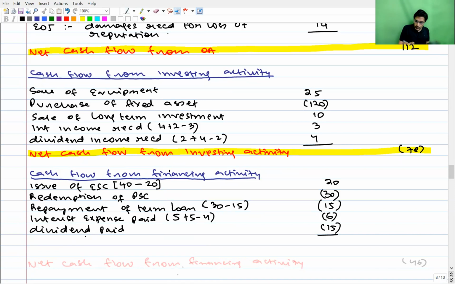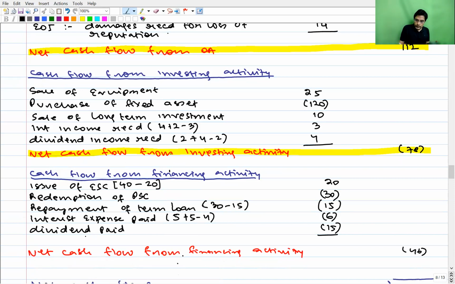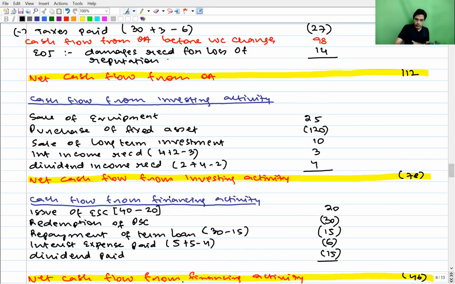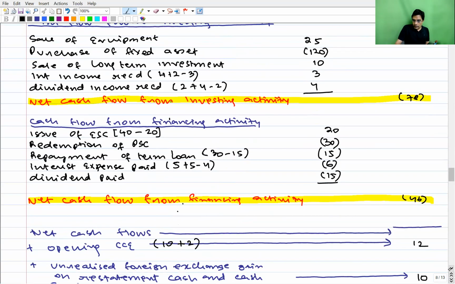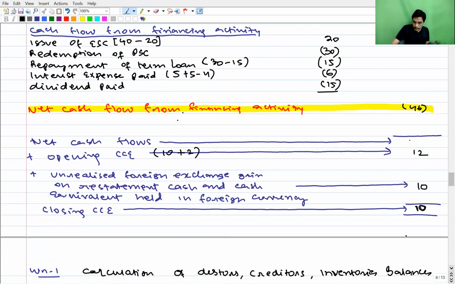That is net cash flow from financing activity. So if we do the adjustments, we get 112 minus 78 minus 46, negative 12. So net cash flow is coming negative 12.